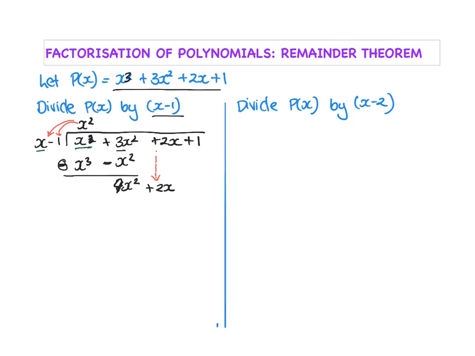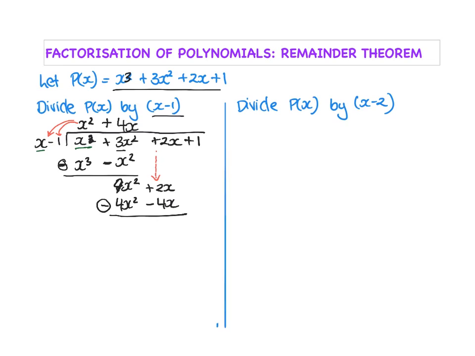What would that be? 4x squared divided by x is 4x, so up on the top we say the answer is 4x. And now you're going to multiply out. What's 4x times x? 4x squared. Can you see we created that so we can lose the leading term? Then we've got 4x times negative 1, which is negative 4x. Good. Now we can subtract them, and we see that leading term disappear.